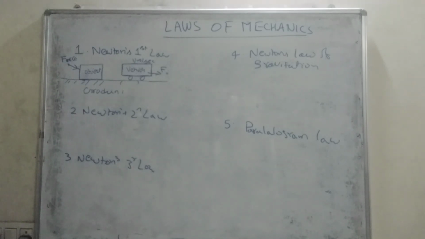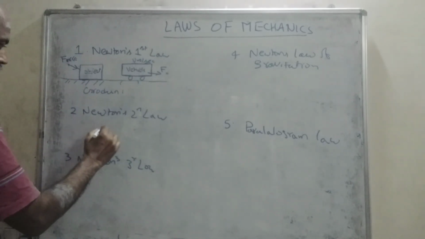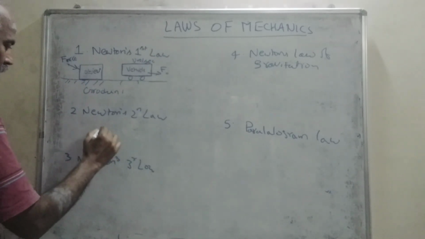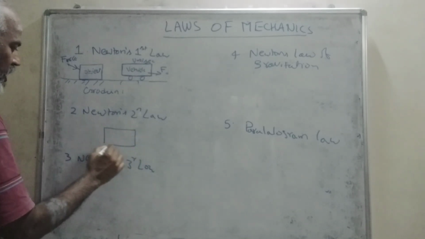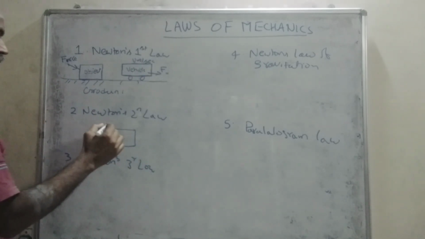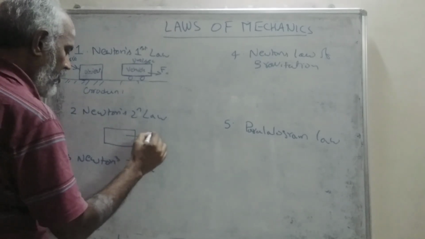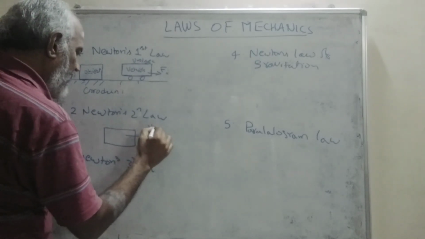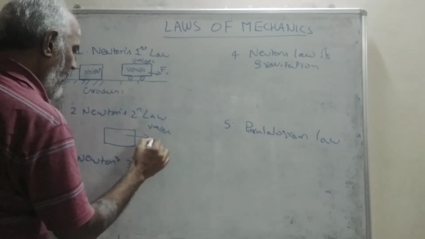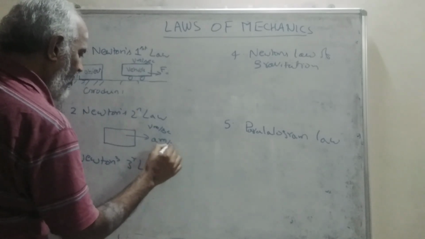What is Newton's second law? In Newton's second law, what he is saying is that there is an object which is moving in space with v meters per second and acceleration of a meters per second square.